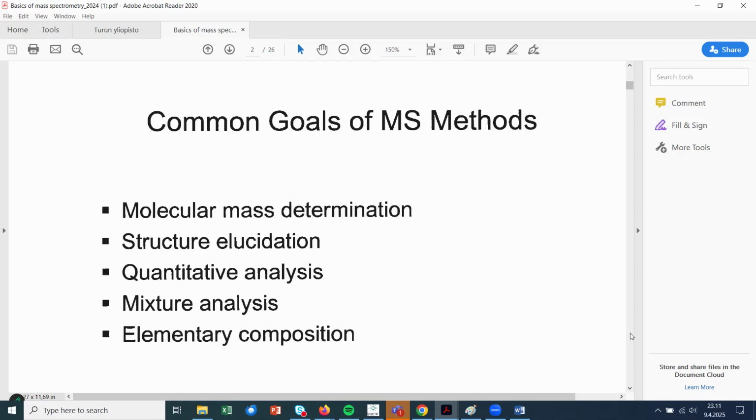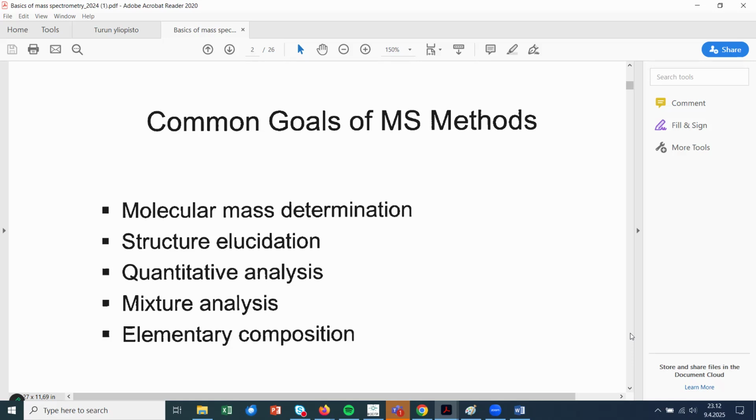But that is based on these molecular weights, of course, because those are measured with mass spectrometry. We can use mass spectrometry to analyze complicated mixtures with some instruments that are very accurate and have high resolution, high resolving power. They can also be used to determine the elementary composition of some components, some molecules, if we don't know what they are.